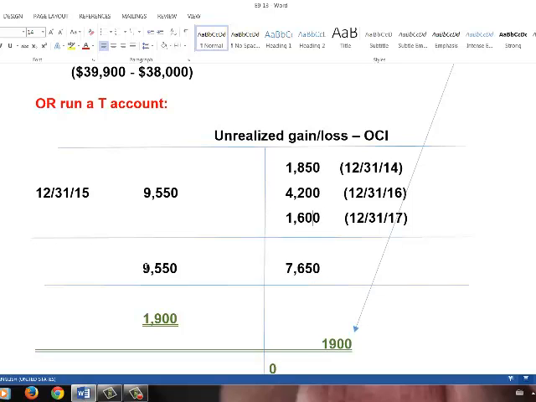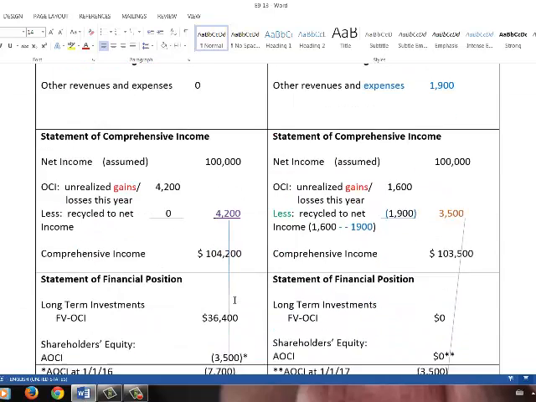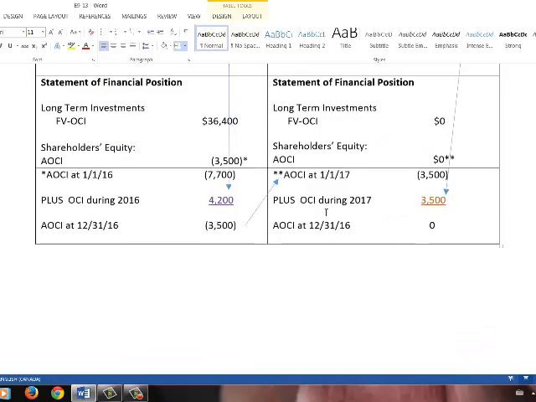So therefore, if we net out the debit from the credit, we're going to get an unrealized gain or loss debit, which when we clear out to zero by crediting that account, because we're doing without recycling, we're going to debit retained earnings this time. So that's why you still have this adjustment that you're making, because you're recycling it now to retained earnings.